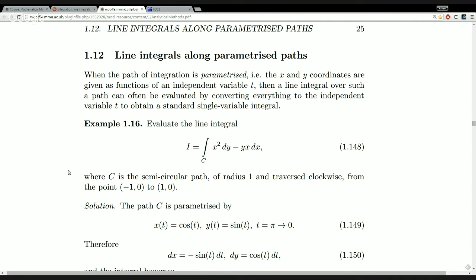Those points, (-1, 0) to (1, 0), so it's going to be this point here to (1, 0) here. Semicircular path of radius 1 traversed clockwise, so we're talking about this path here. So this is the curve C in the xy plane.